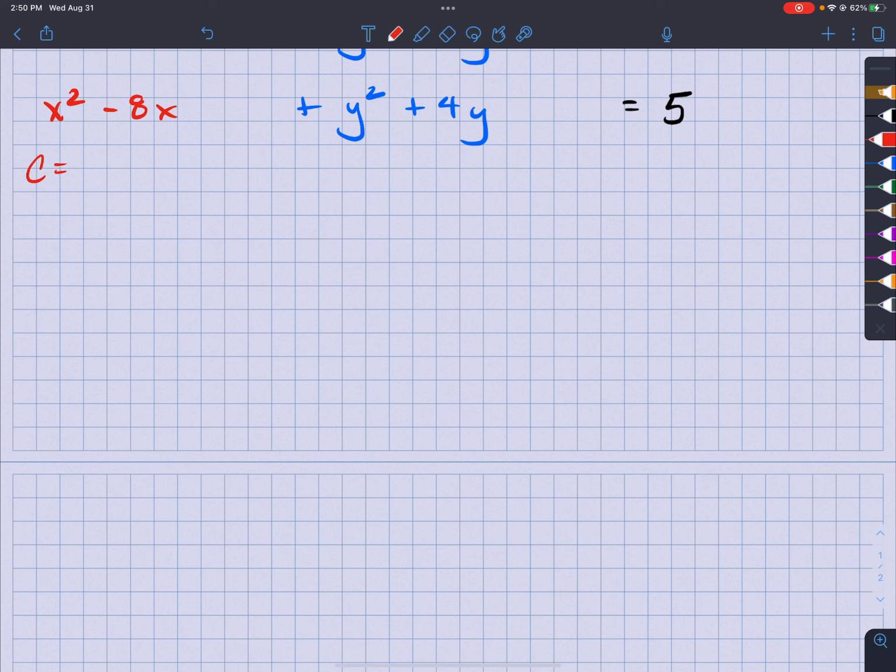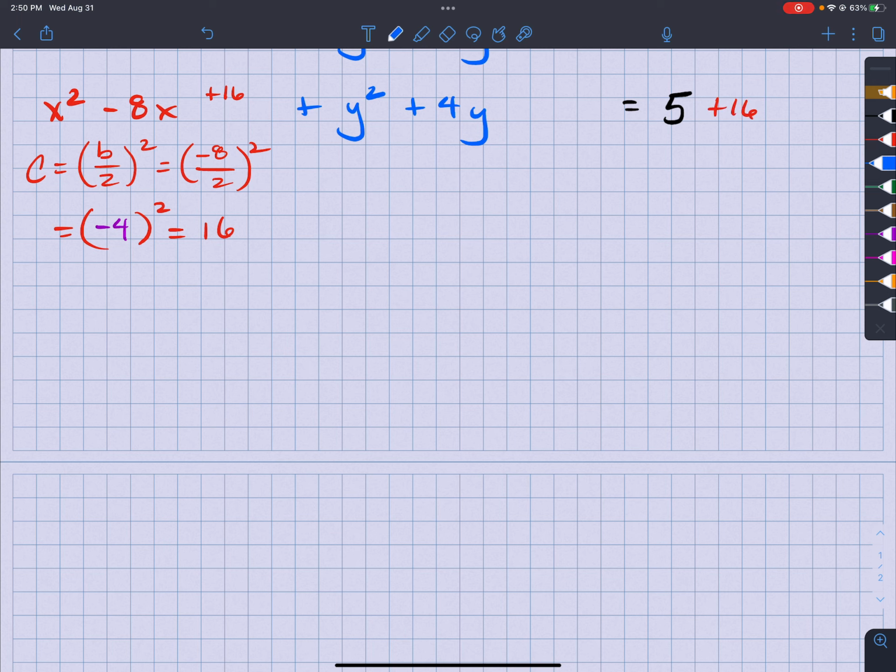So the c for the red is going to be (b/2)^2, which is equal to (-8/2)^2, which, -8 divided by 2 is -4, squared, which is equal to 16. So I have to add 16 to both sides. So I'm going to add 16 and add 16.